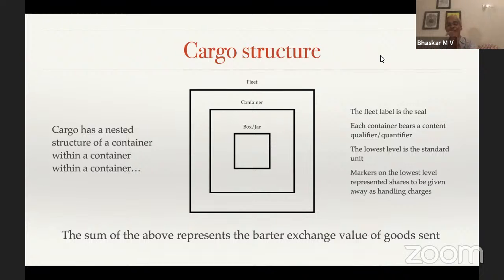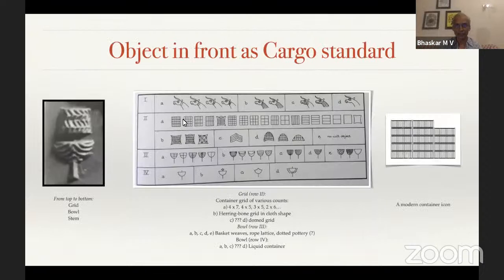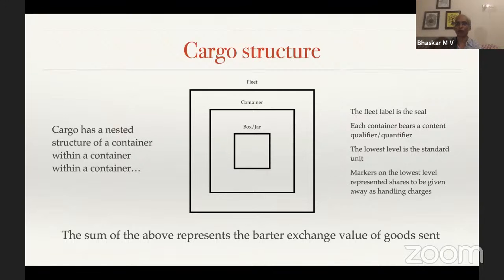So the fleet level information, I posit, is the label or the seal. The seal is the label for the fleet. And then each container, if we go back to the earlier slide and we look at containers, they will have their own labeling with quantifiers and qualifiers and so on and so forth.